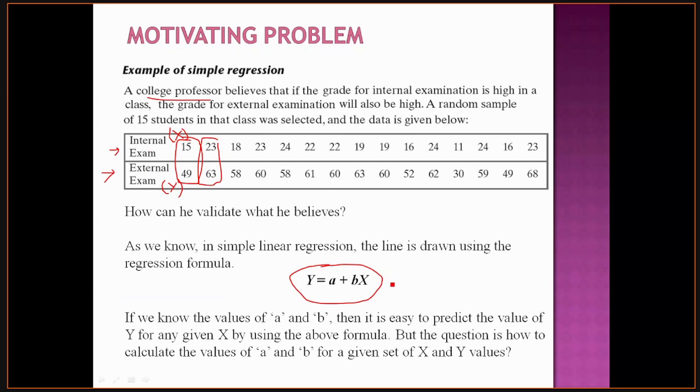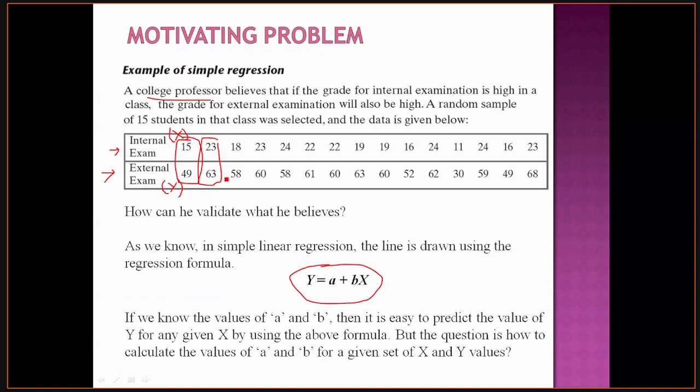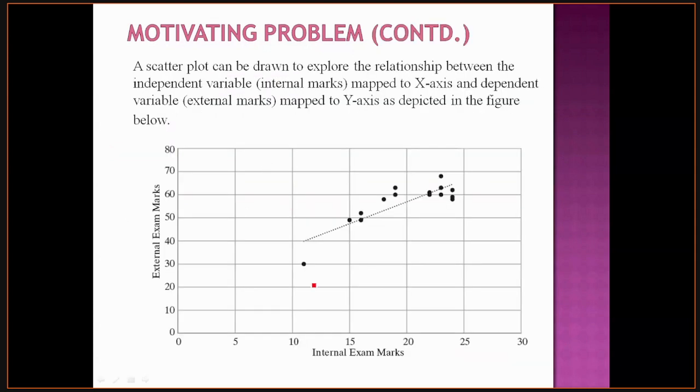How can I validate the assumption? Simple, by plotting the data points. Each student record is a data point. I plot the data points in a two-dimensional space. On one dimension, which is x, is my internal marks. On the other, which is my y, I have the external marks.